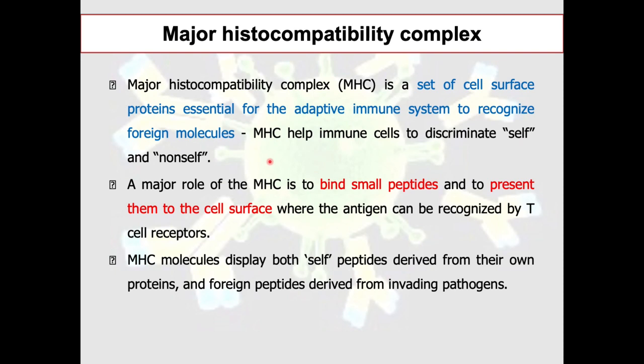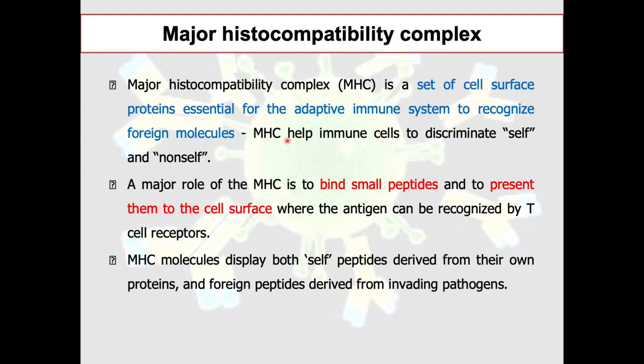Basically, MHC is like a guidance of a cell. It gives a signal to the immune system, basically B cell or T cell: I'm a self, I'm a part of your body, so please don't judge me, or please don't kill me.